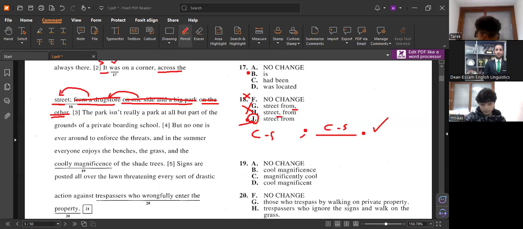Is it B? It's a little bit tricky because you have a list. I said everyone enjoys the bench, a noun, the grass, a noun, and this one must be a noun.